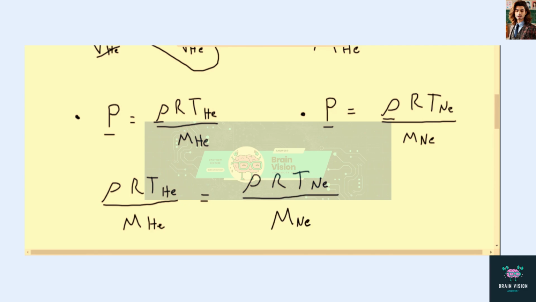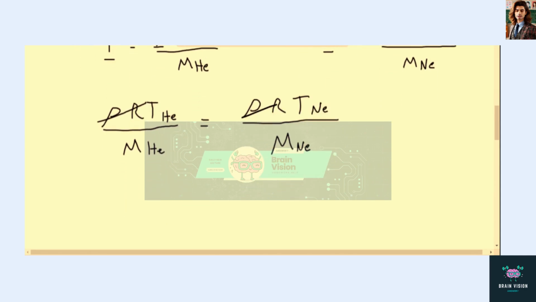And you can see that we have a rho and an R on both sides, so those cancel out. And what we're left with is a really nice equation, which just relates the temperatures of each gas to their molar mass.